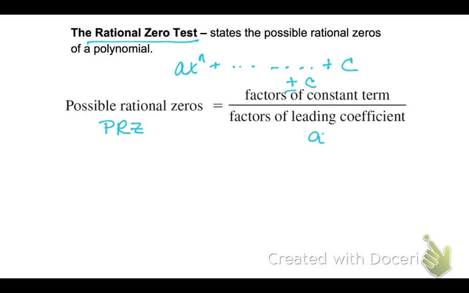But again, the numbers I get are only going to be rational numbers. Are there irrational zeros? Yes. Are there imaginary zeros? Yes. So this is not going to give me all of the zeros. It's only going to give me the possible what? Rational.